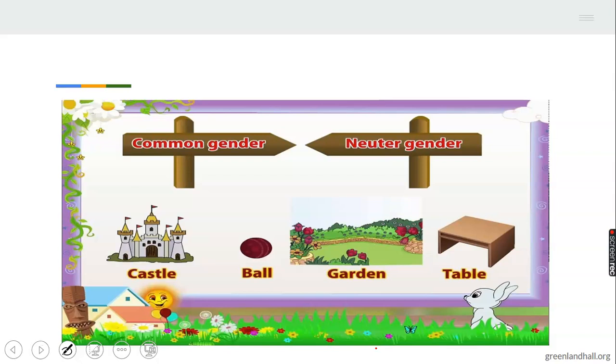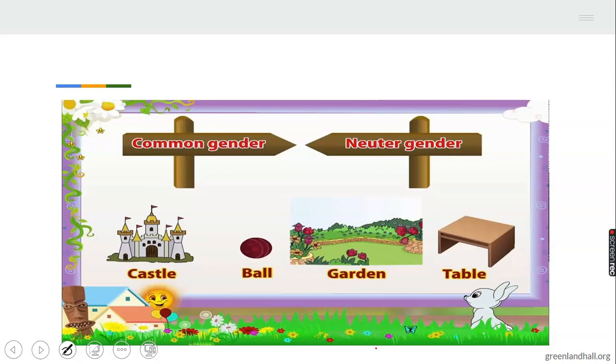Is that taken? So common gender is a common name. Like those two, the man and the woman, I can call them people. When I say I saw some people, you don't know whether they are male or female, but you know they are human beings. They are not animals. If I say children, oh, I saw the woman's children, you don't know whether they are boys or girls, but you know they are the offspring of the woman.